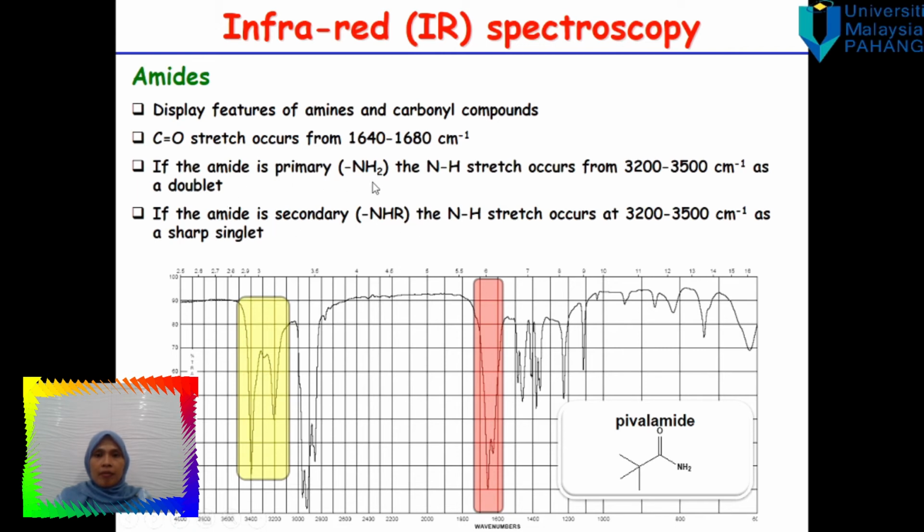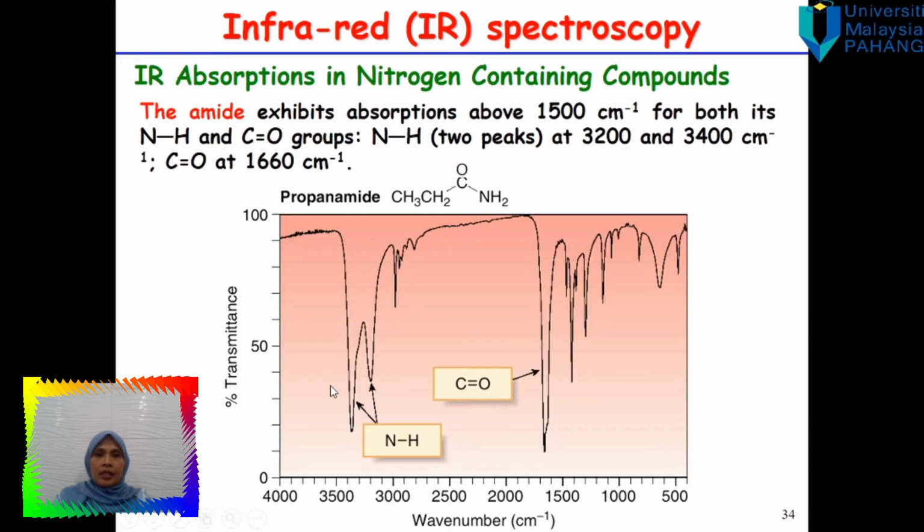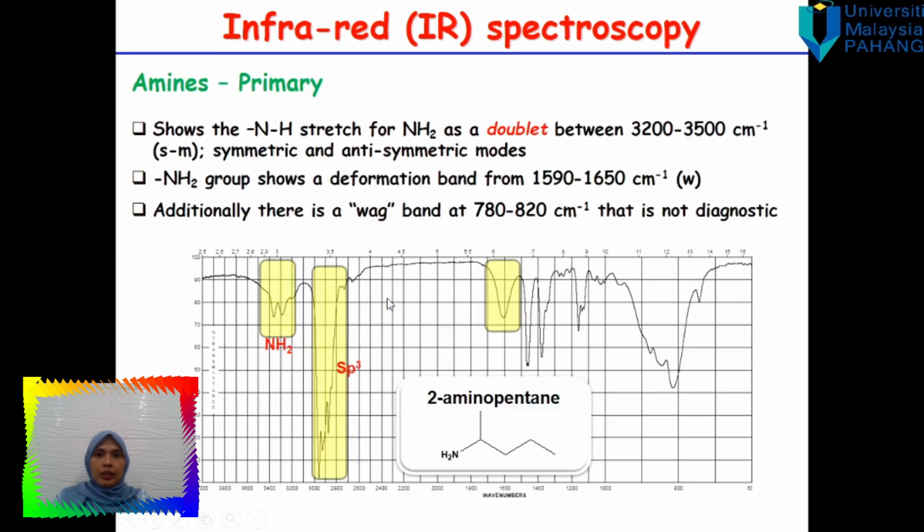For primary amide, the N-H stretch occurs at 3200 to 3500 as a doublet, while the secondary is a sharp singlet. This one is a doublet, so we know this is a primary amide. And this one we know is a primary amide also. This one also is a primary amide.